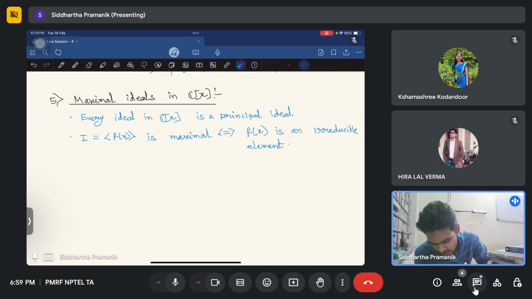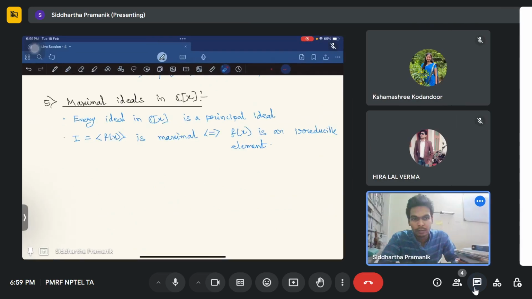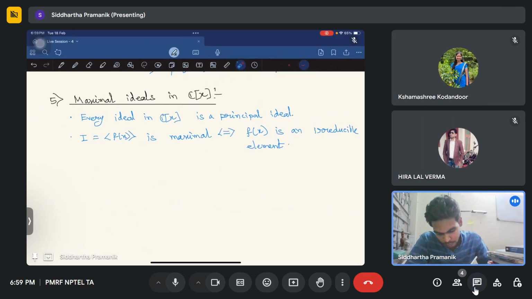These two things have been done in the lectures. I hope you can recall it. So first of all, every ideal is a principal ideal, so it has this form. So we need to check when an ideal of this form is maximal. So we need to check when a polynomial is irreducible.